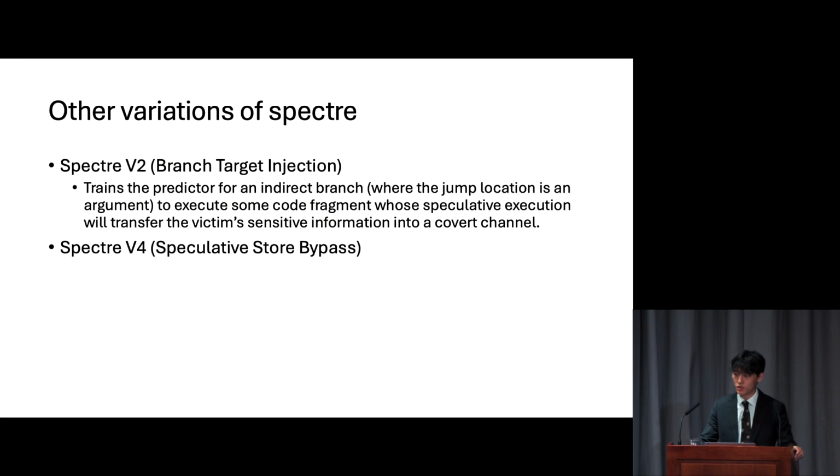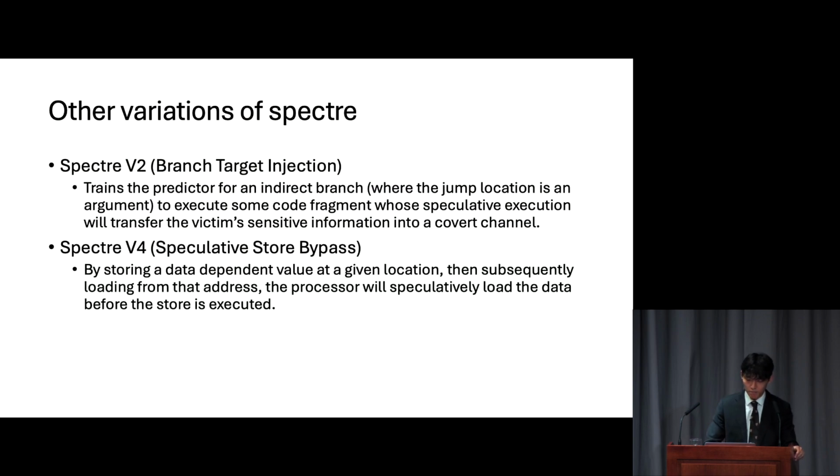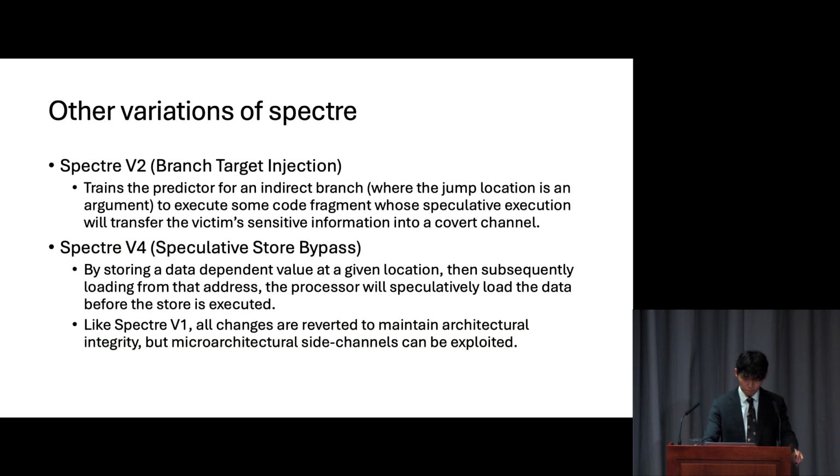And Spectre 4, which is called Speculative Store Bypass. So it's basically a store and a load instruction back to back, and that store will take some time because it's data dependent in some way or control flow dependent in some way, and the processor can speculatively execute that load instruction before that store has been fulfilled, which will extract the previous data that should not, in theory, be there because of the store before.